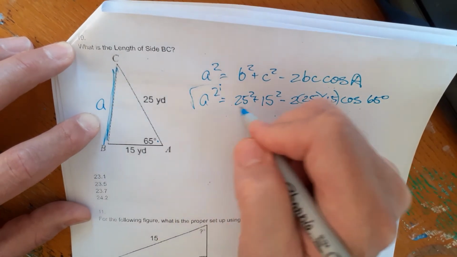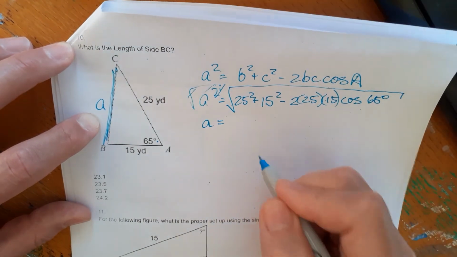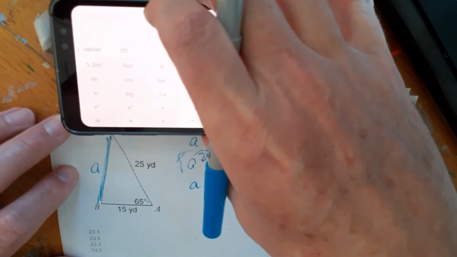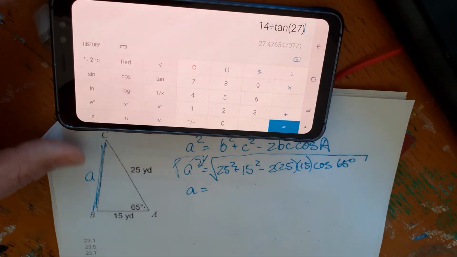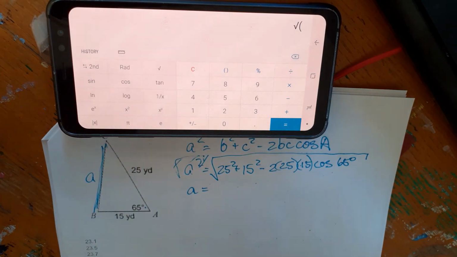And take the square root of the left, that'll get rid of that. Take the square root of the right, what you do to one side you must do to the other. Get my calculator in here. Let's clear this out. Let's do a square root on the whole thing.